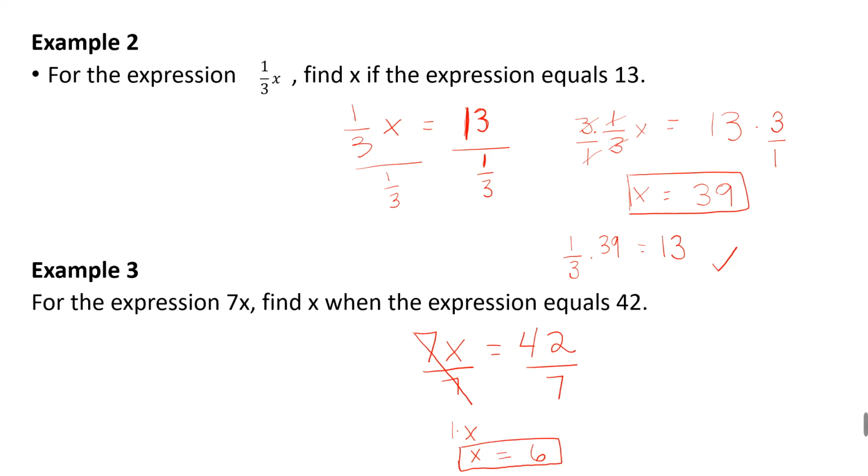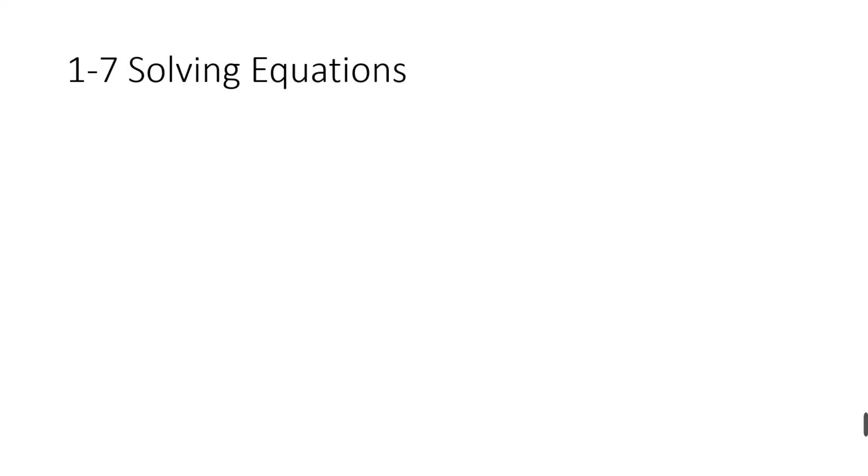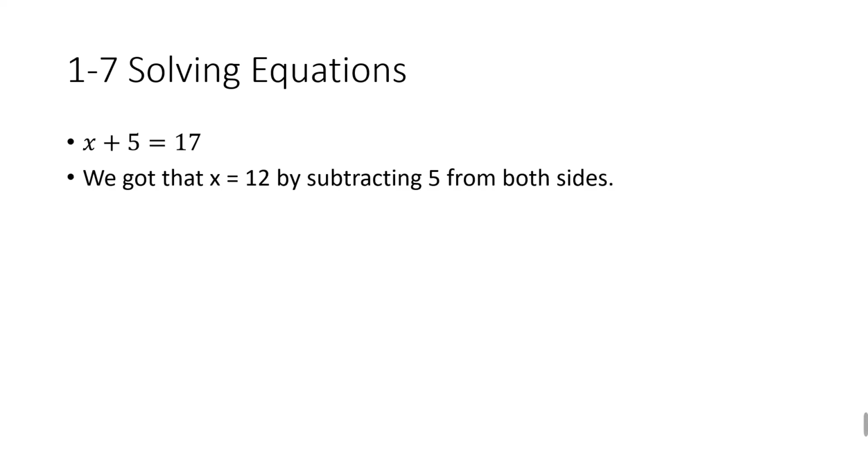All right. Solving equations. Here we go. So in the last section, we solved the equation x plus 5 equals 17. We got that x equals 12 by subtracting 5 from both sides.